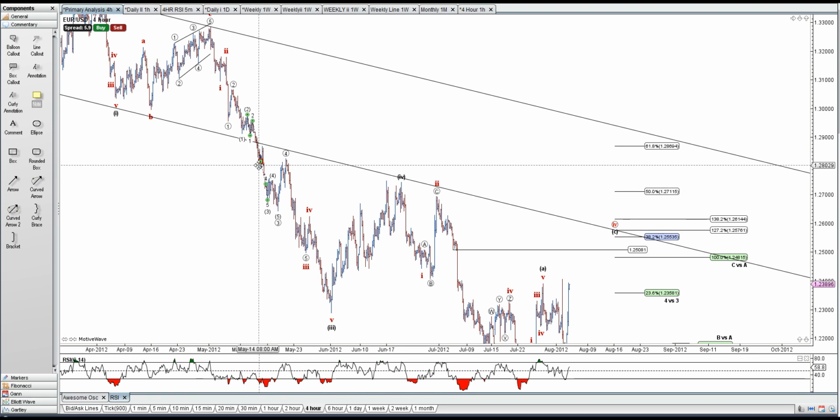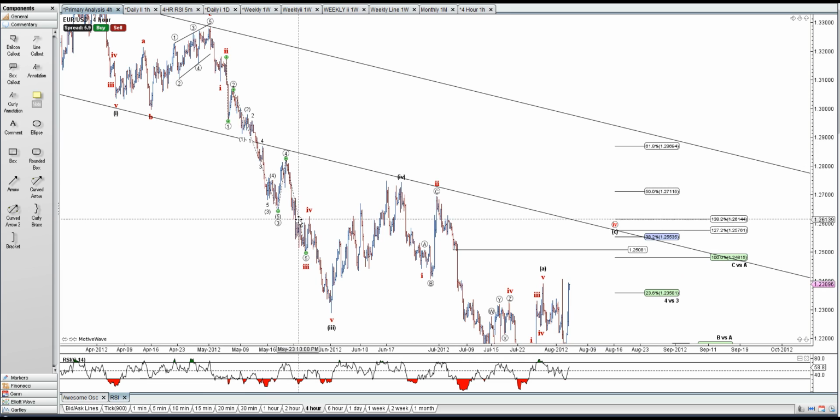It gets harder to do as you get to smaller degrees, but 1, 2, 3, 4, 5. 4, 5 down of this wave 3 of 3. Then a 4th wave, and then a 5th wave. This 5th wave is probably some type of ending diagonal.